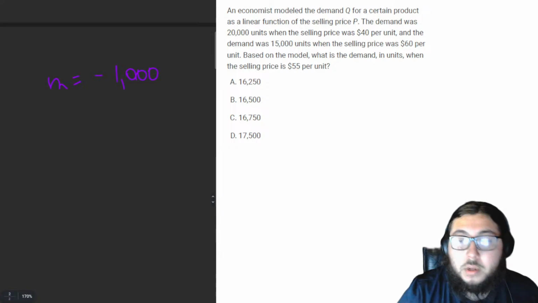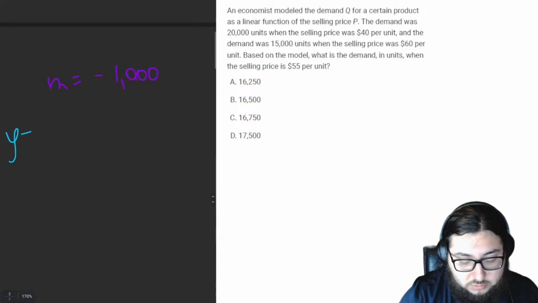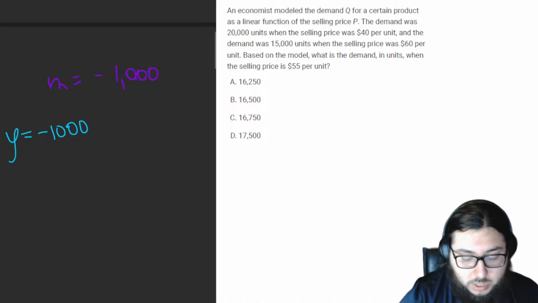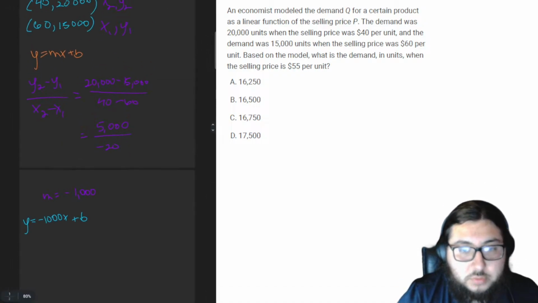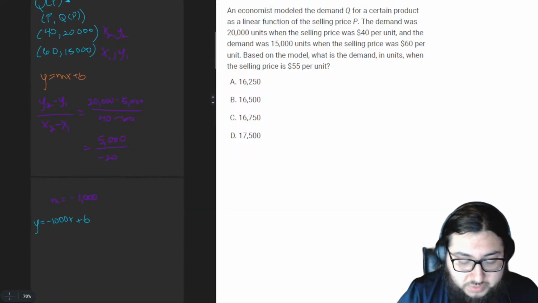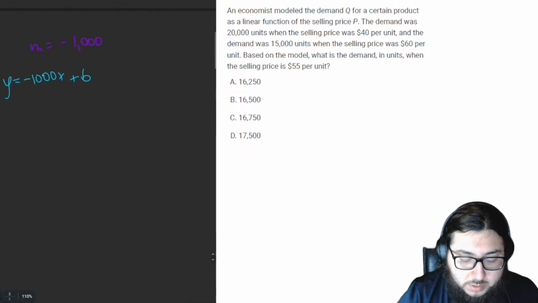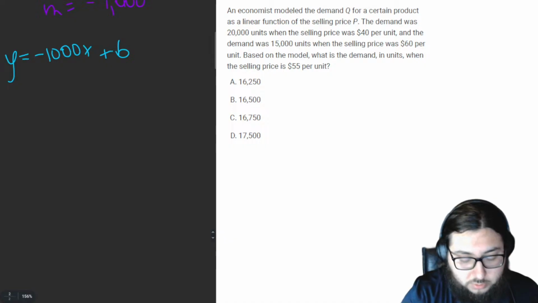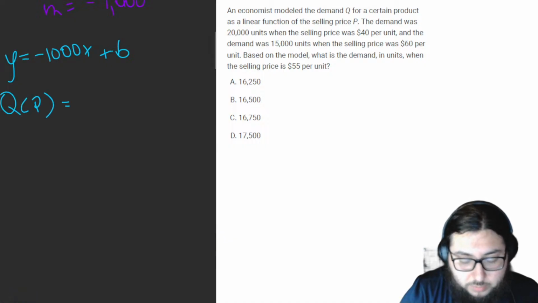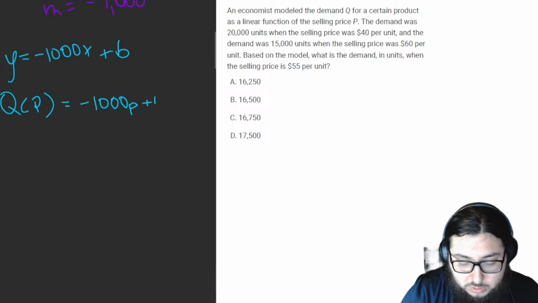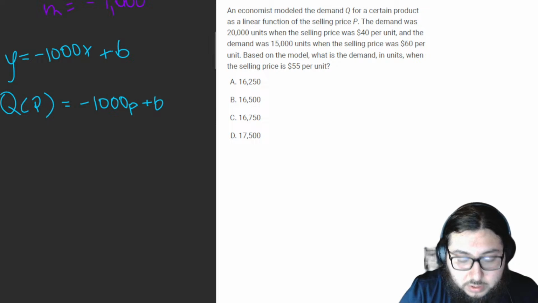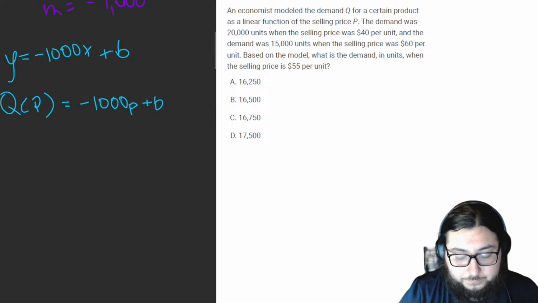So far, what we have is y is equal to negative 1,000 x plus b. So now we just have to substitute one of these ordered pairs, either one. I'm going to choose 40, 20,000. So 20,000 is our y, or in other words, our Q of P. And we could even remodel this as negative 1,000 P plus B. Same concept here. We have a linear function.